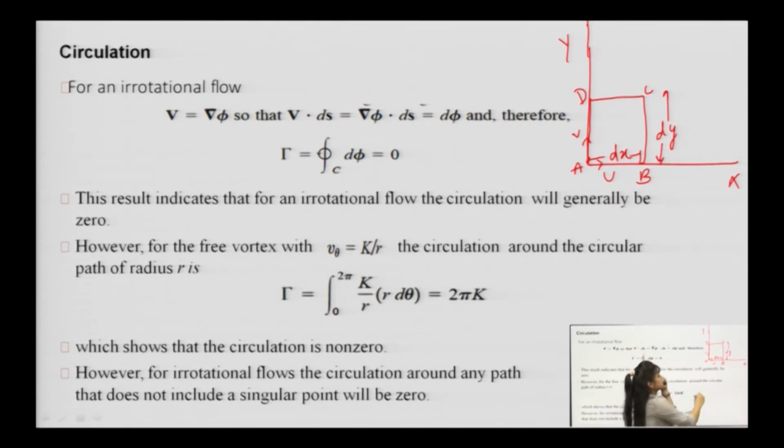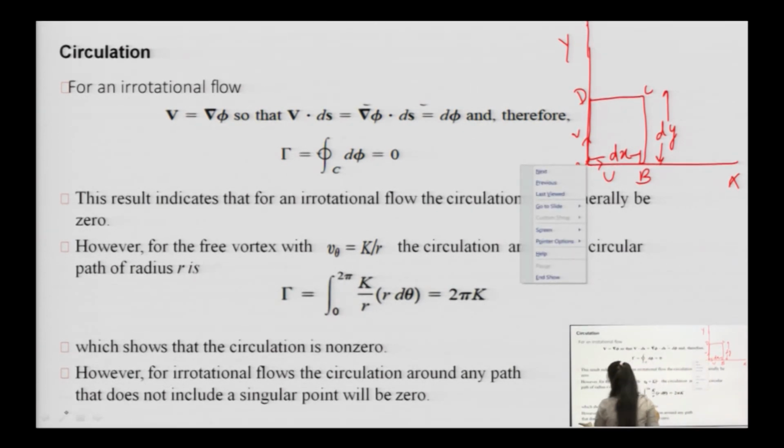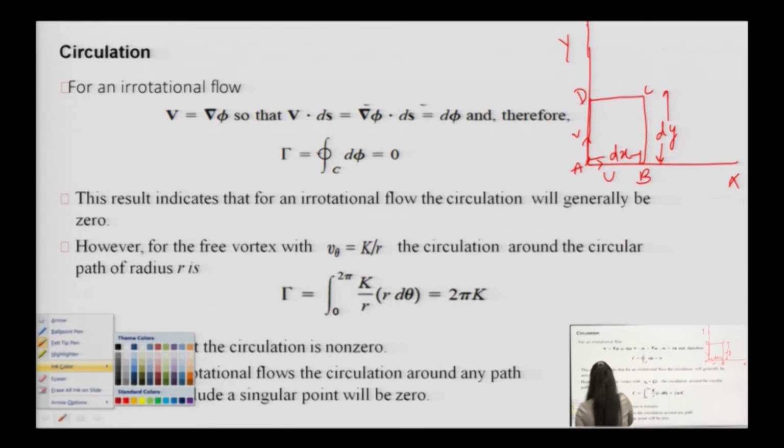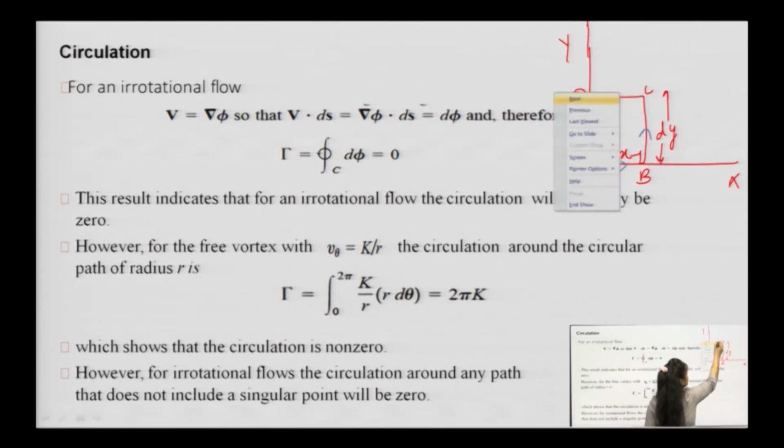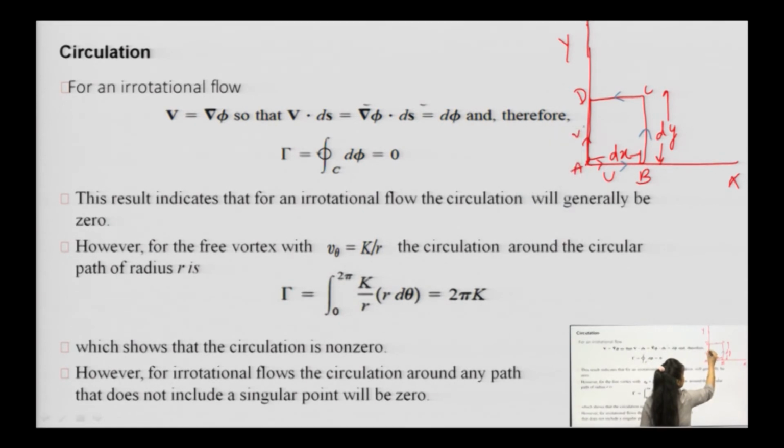Then we will start the flow of fluid from point A, keeping A as the origin, and we will keep on moving around the entire fluid element in the x direction, then y, then the negative side of x, then again y, and we will come back to the origin point A. For this calculation, if point A has velocity u, then moving along AB it will have velocity u plus the change in velocity in the x direction after covering a distance dx, and correspondingly for BC, CD and DA.